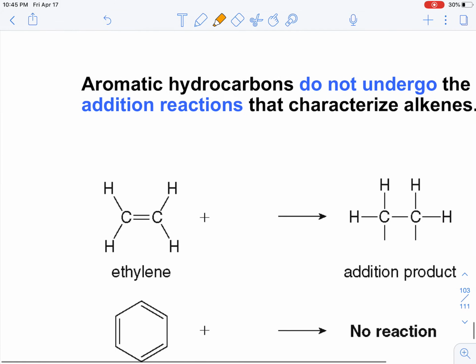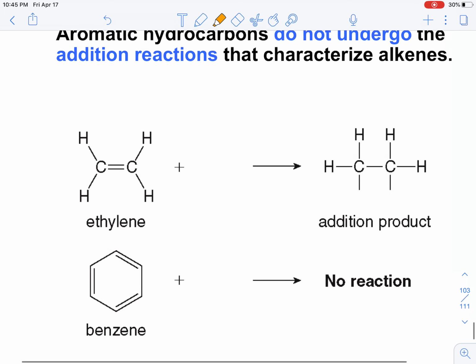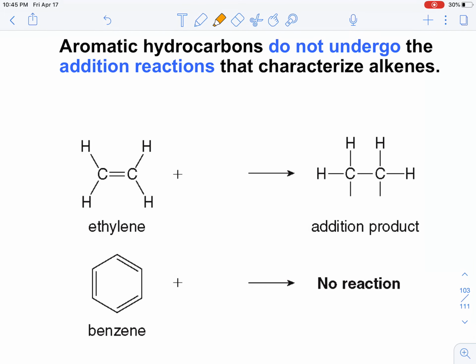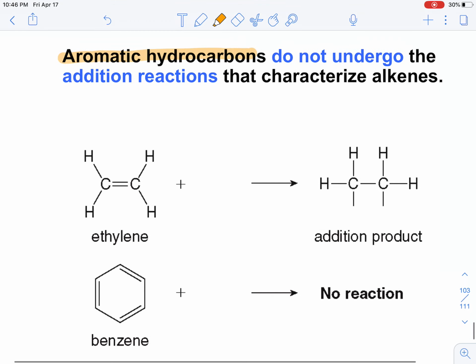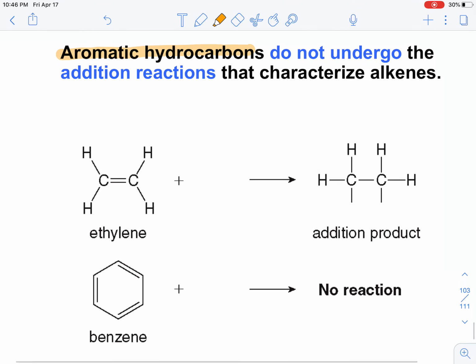So I'm going to skip graphene for now. I'm just going to jump to the slide here. So typically aromatic compounds, because of resonance, this added stability, don't undergo addition reactions, unlike alkenes. So alkenes undergo addition reactions. If you guys recall, there are two different types of addition reactions that we discussed in the previous lecture video.